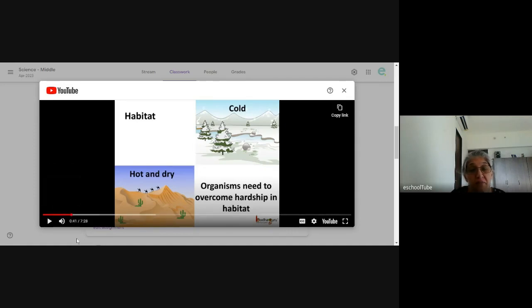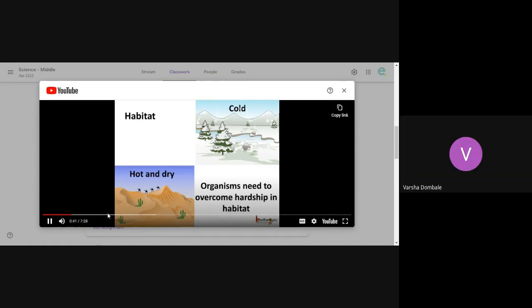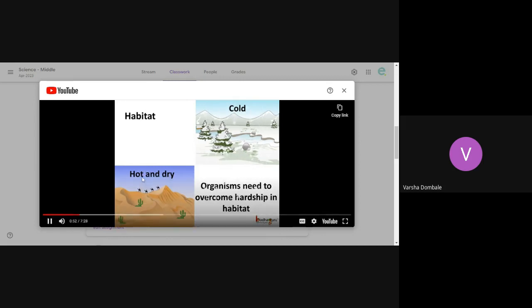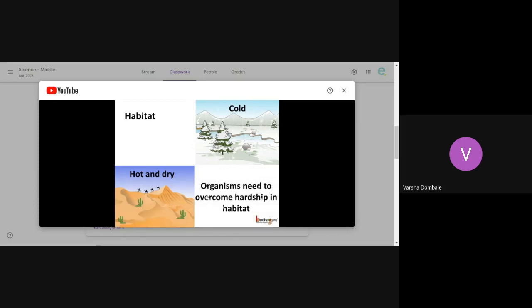Harshal, your turn. An organism gets what it needs from the environment, its habitat. But a few components of the environment may cause hardship for that organism too, like the temperature. In the desert habitat, the organisms have to face extreme temperatures.